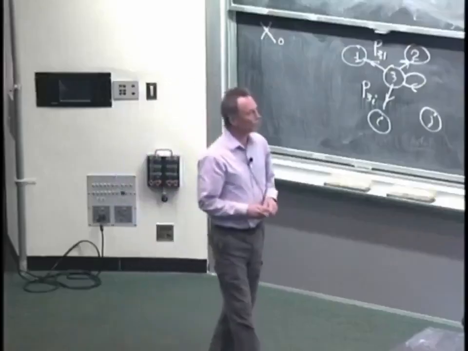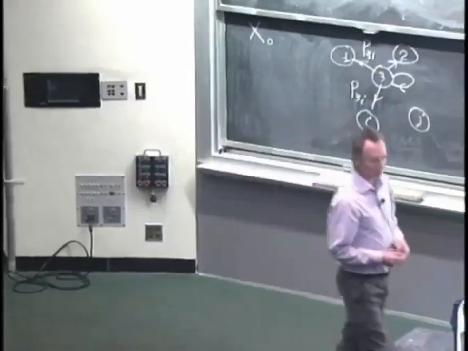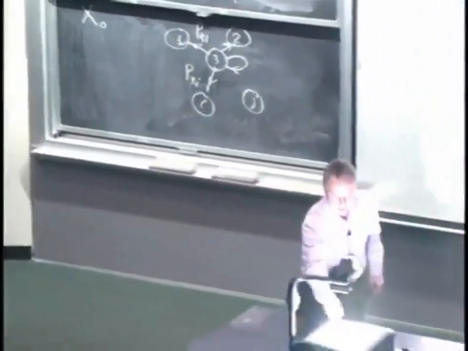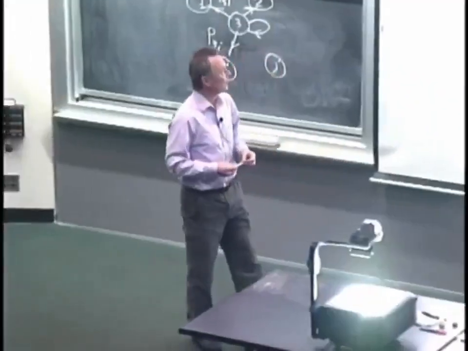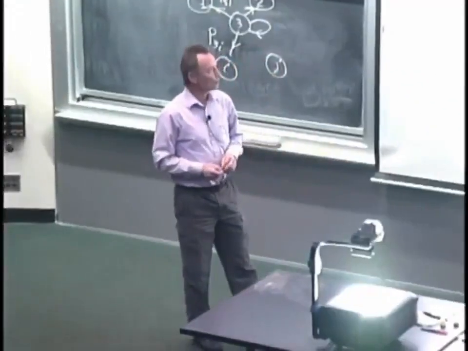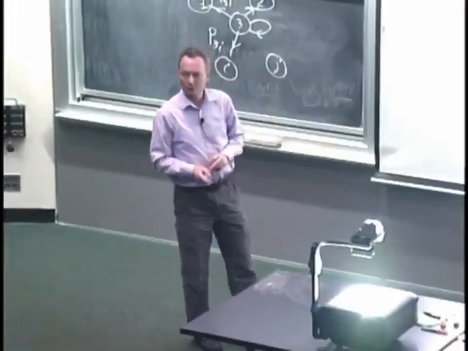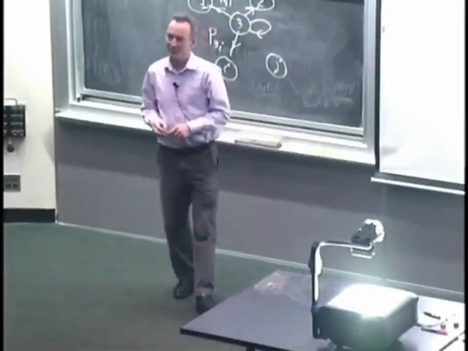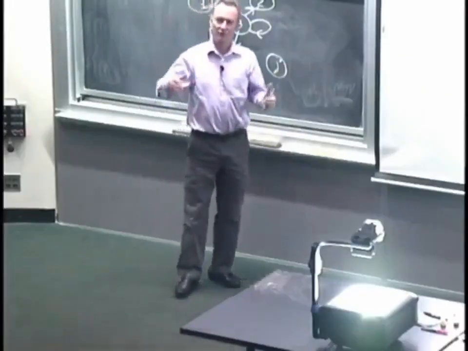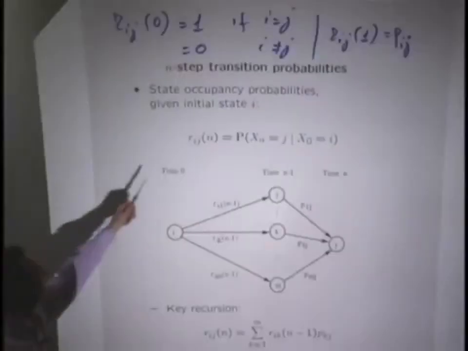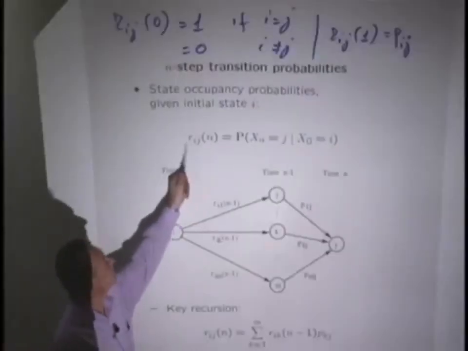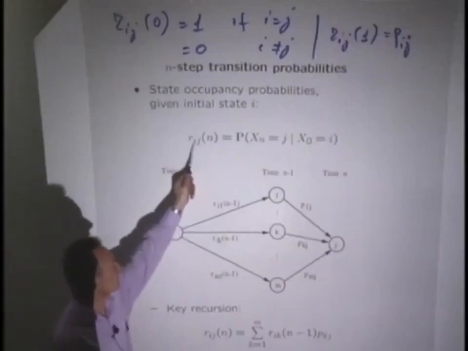Now, we want to say something about the n-step transition probabilities when n is a bigger number. Okay, so here we're going to use the total probability theorem. So we're going to condition on different scenarios and break up the calculation of this quantity by considering the different ways that this event can happen.